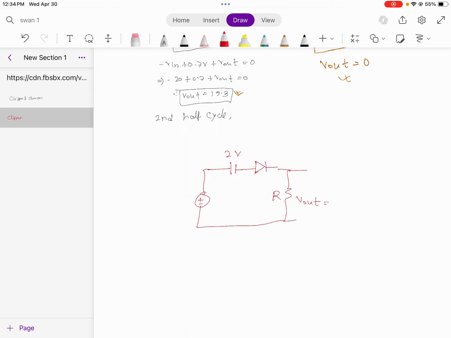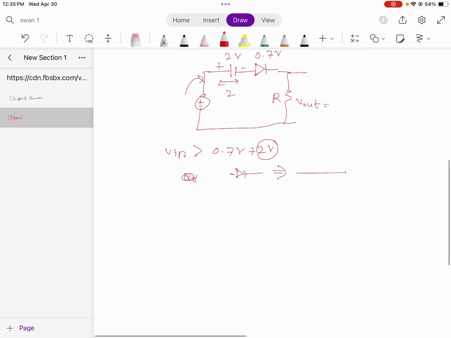In this case, not only is 0.7 volt a problem for flowing the current, there is also a voltage of 2 volt acting in the reverse direction of the current flow. So if the input voltage is greater than 0.7 volt plus this 2 volt, because this 2 volt is also resisting the current from flowing in the same direction as the source, then the diode becomes a short circuit.